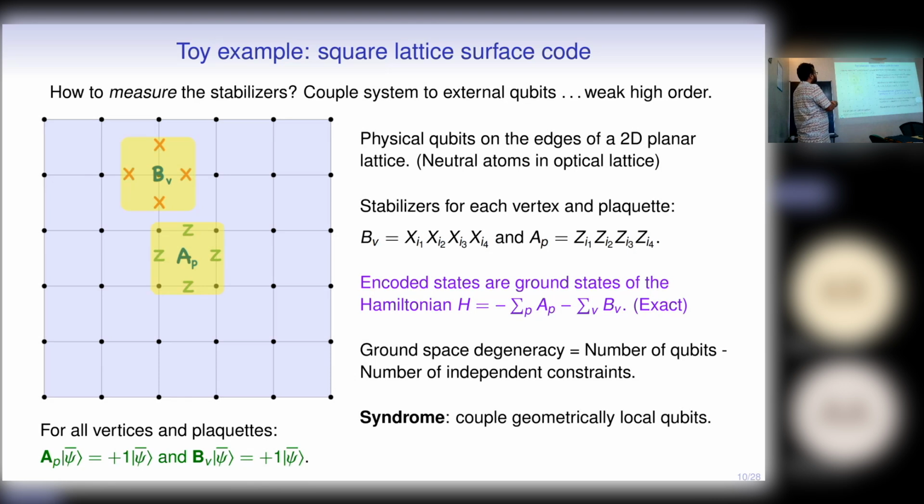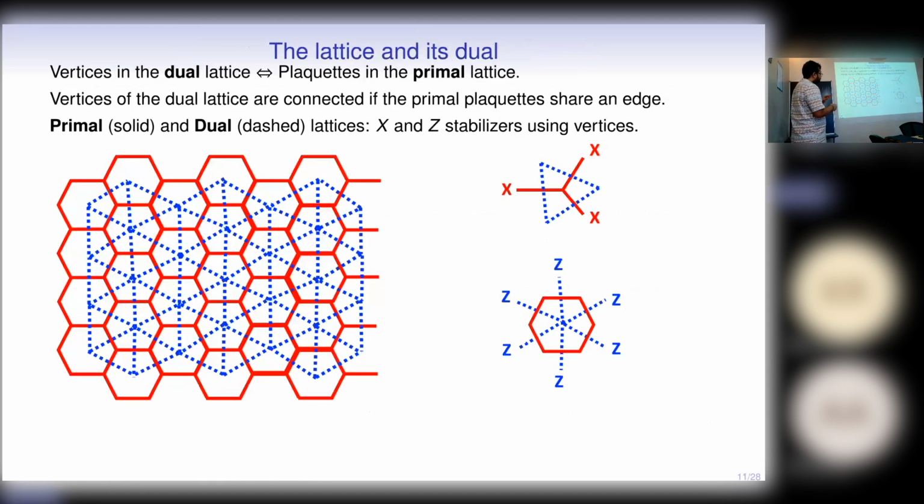Now you see that if I ever have to do a measurement, I only have to couple a small number of qubits, and things that are geometrically near each other. In several hardware instances, this is much easier because I don't have to do swaps and so on to couple them. Now let's keep the zero-dimensional space aside for just one slide.